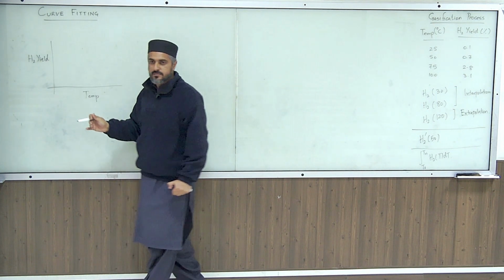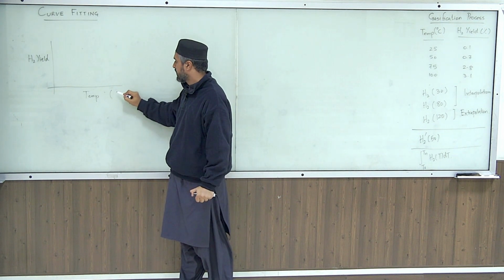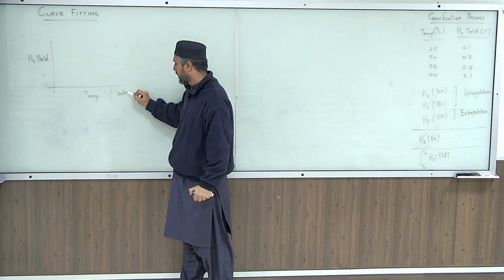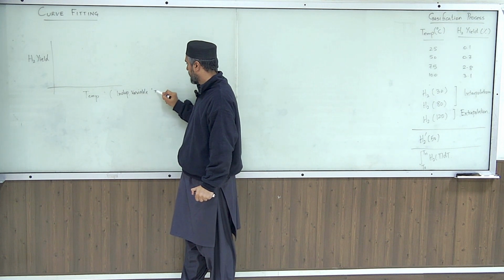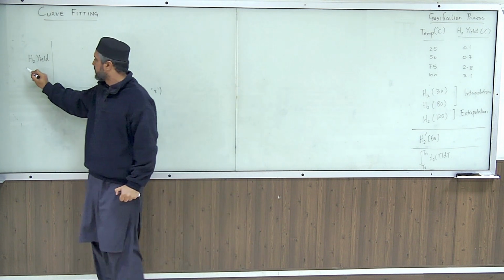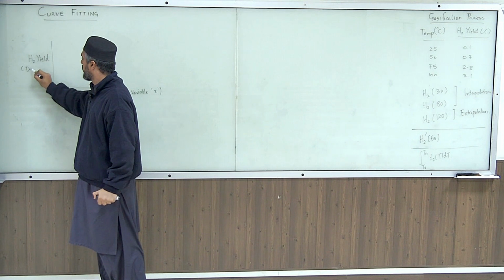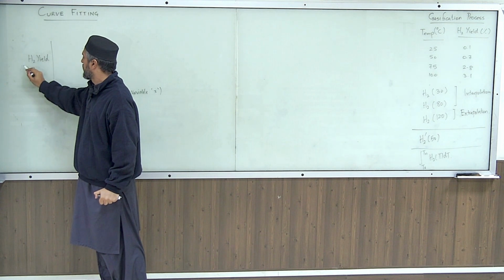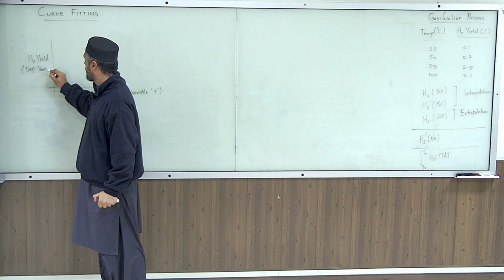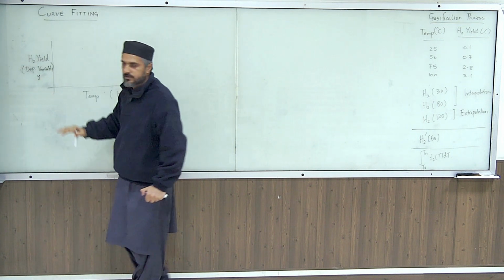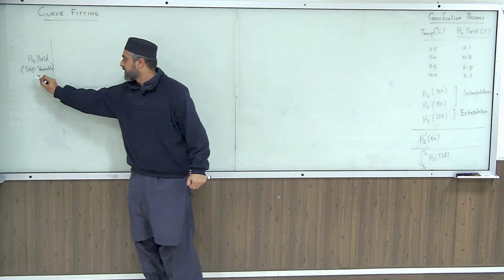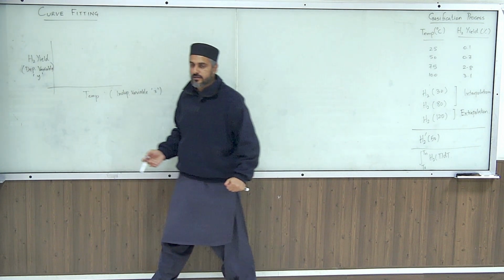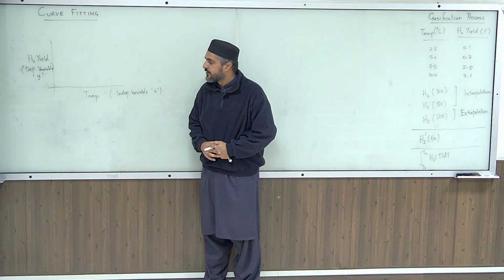You can imagine it as some independent variable x and some dependent variable y. Generally, let's assume that x and y are the variables involved, specifically temperature and hydrogen yield.